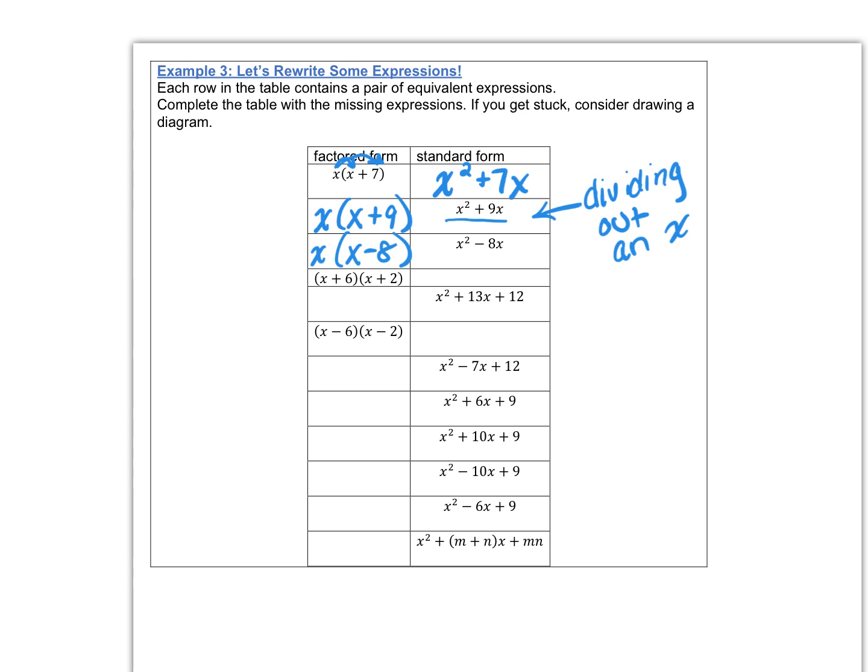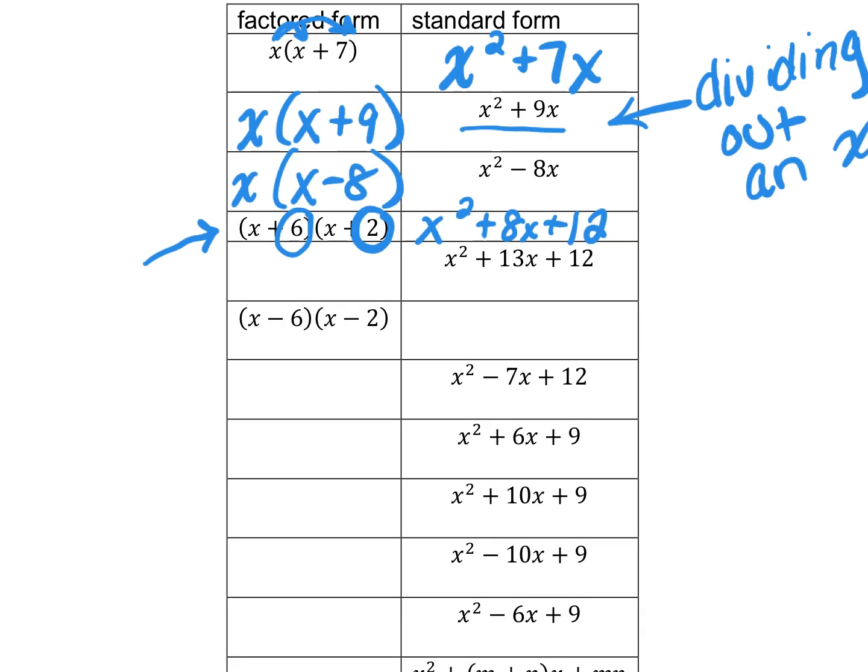Now the pattern that I was hoping you guys would recognize is that when I multiply those two numbers here, that's going to give me 12. But if I add them, it gives me my middle term. And that was the purpose for all of those puzzle type questions, like what number multiplies to this but adds to that.